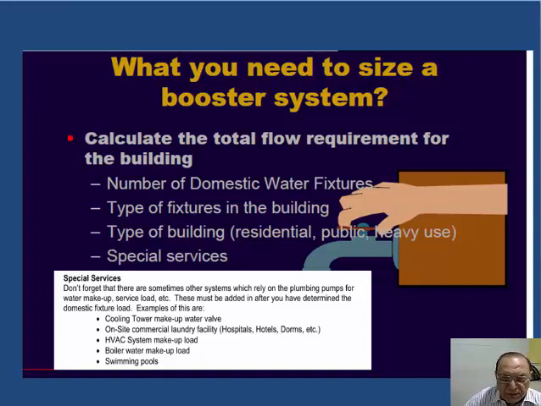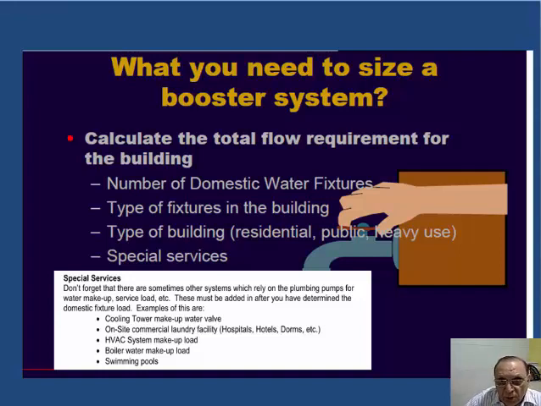As this presentation is only for domestic applications, all kinds of domestic demands required shall be considered for the flow calculation, which generally consists of domestic water fixtures, the type of fixtures in the building.